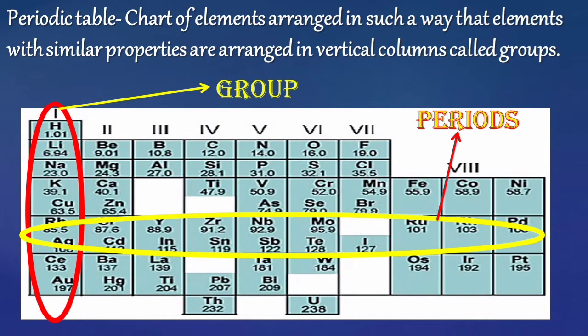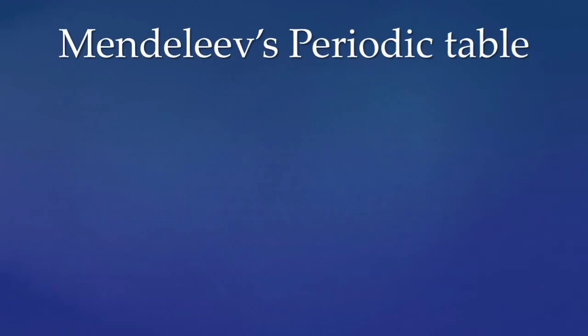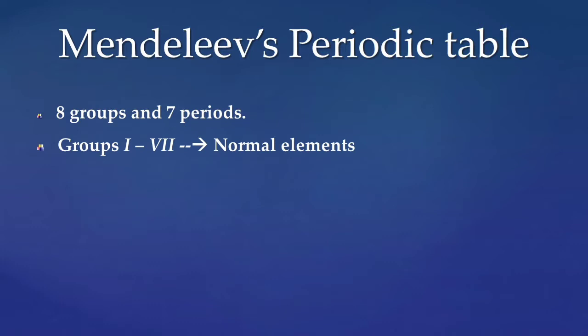So, he gave a clear explanation for the periodic table: it is a chart of elements arranged in such a way that elements with similar chemical properties fall under a vertical column known as a group. Let us now understand more about Mendeleev's periodic table. In Mendeleev's periodic table, there were 8 groups and 7 periods.